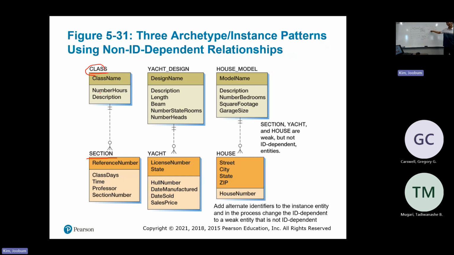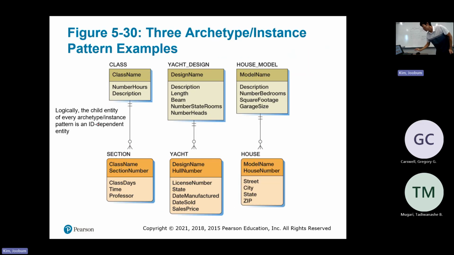Without the class entity, the section entity cannot exist. Here, the class name is used in the section, which means the section entity is an ID-dependent entity, with section numbers 1, 2, 3, 4, 5 and so on, and other attributes you can add.